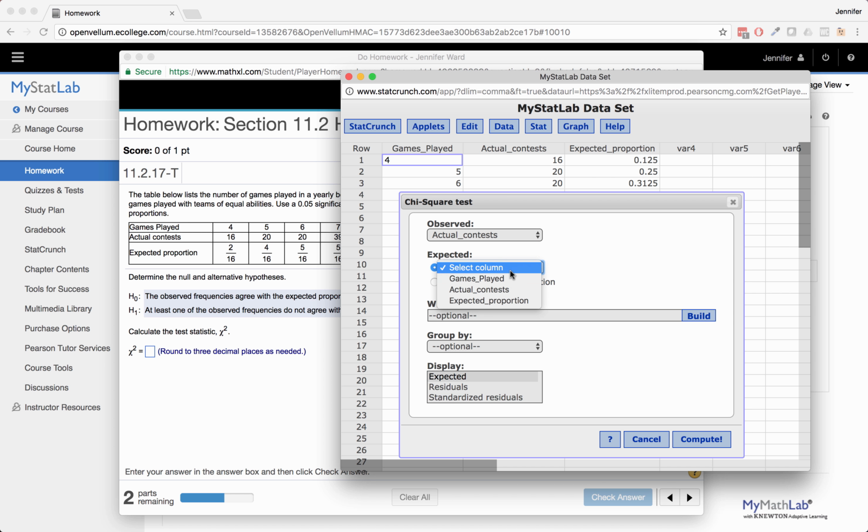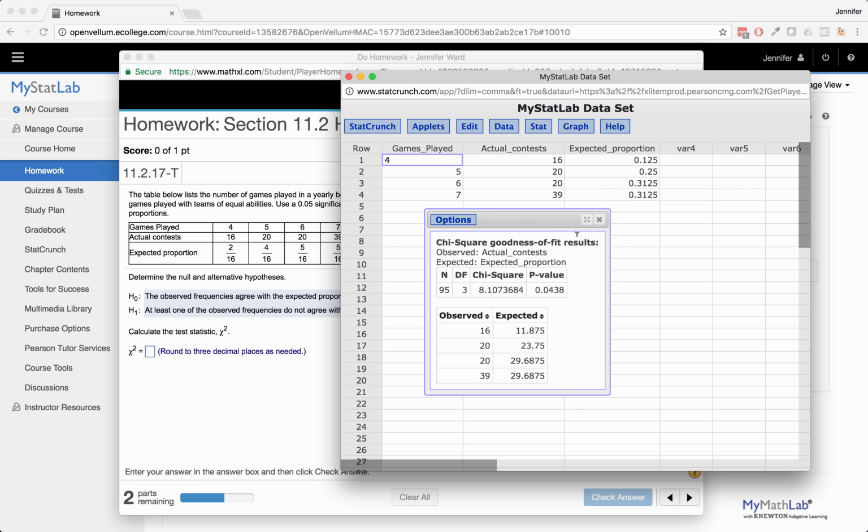The expected proportions are in that category, expected proportion. If you have another type of test where all categories are equal, like that dice example that I showed you in another video, you could just click this box, all cells are equal proportion. Saves you a little bit of time, I suppose. And then you don't have to fill out anything else, you can just push compute.